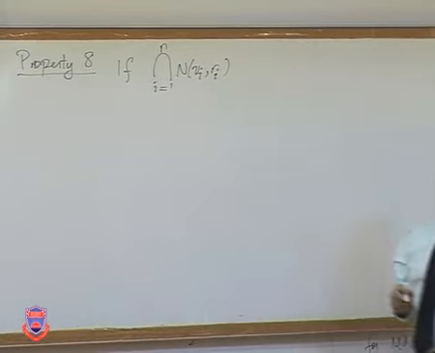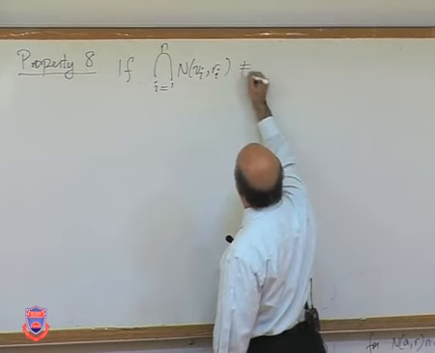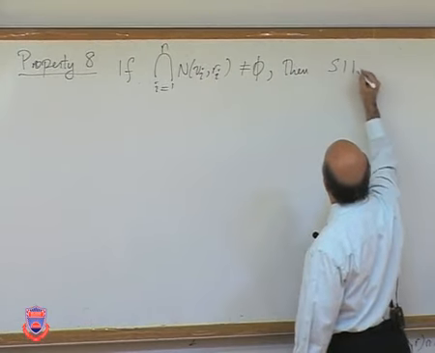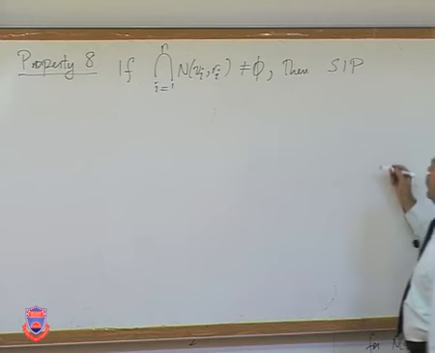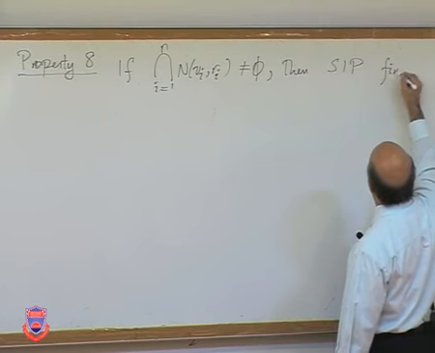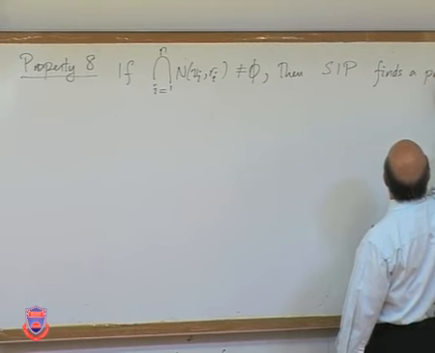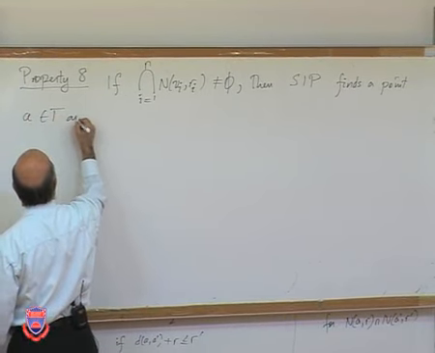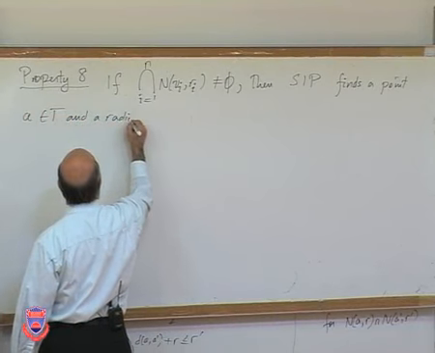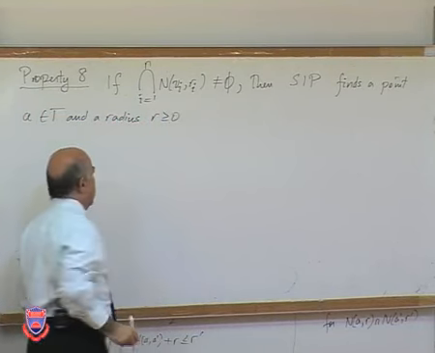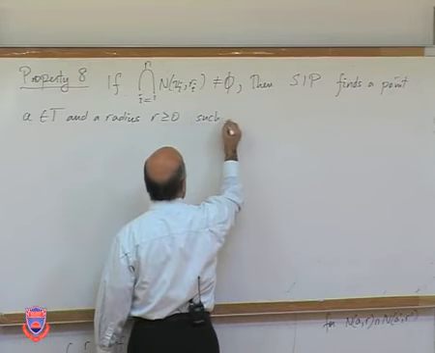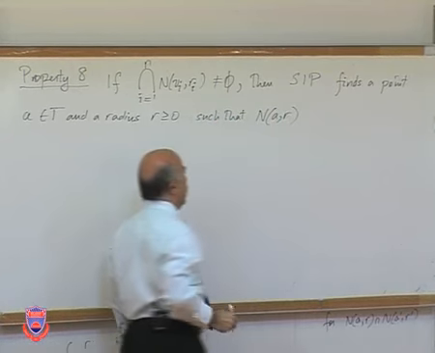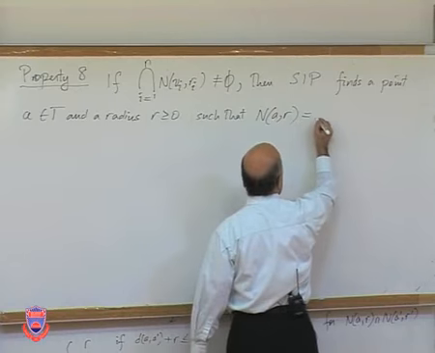If the intersection of these neighborhoods is non-empty, then the sequential intersection procedure finds a point A in T and a radius R, which is certainly non-negative, such that that last neighborhood AR gives you the intersection.